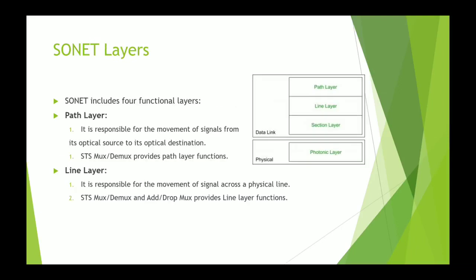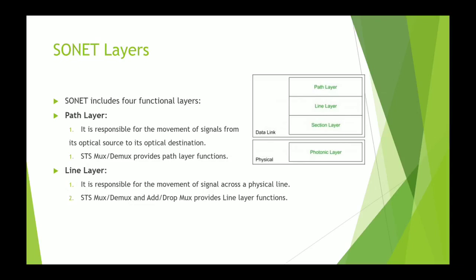Let's move on to the topic Sonet layers. There are four functional layers in Sonet: path layer, line layer, section layer, which correspond to the data link layer, and photonic layer, which corresponds to the physical layer. Let's see briefly about these layers.